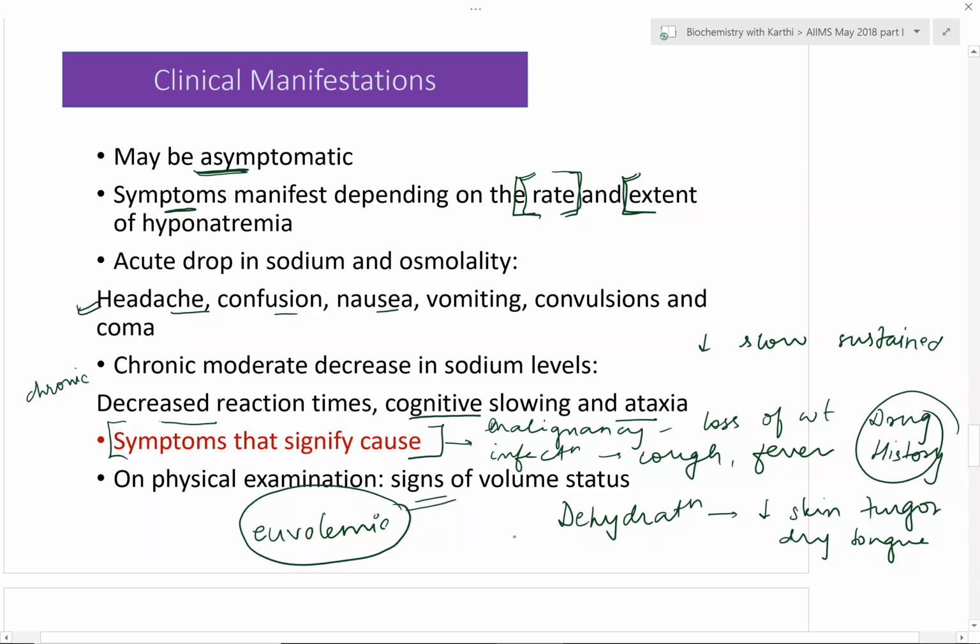Again, in cases of hypervolemic hyponatremia, you will have signs of volume overload. So you could see edema. But in patients with SIADH, you have none of these signs because it is a euvolemic condition.